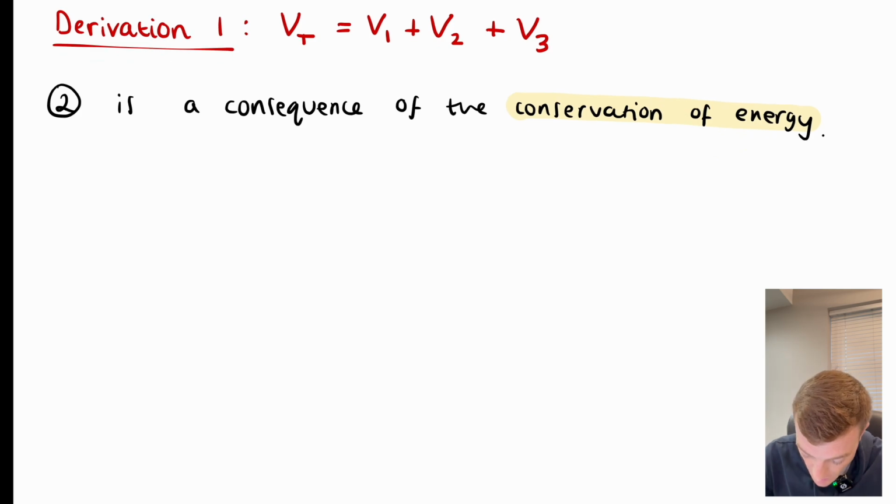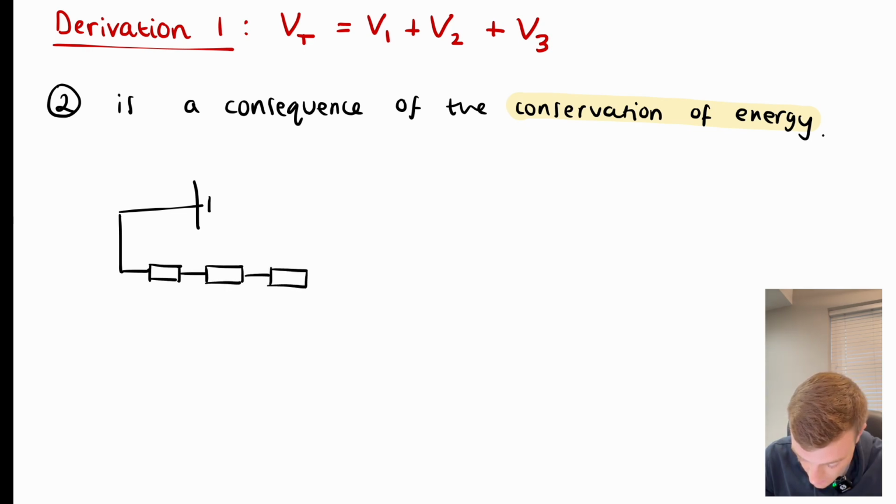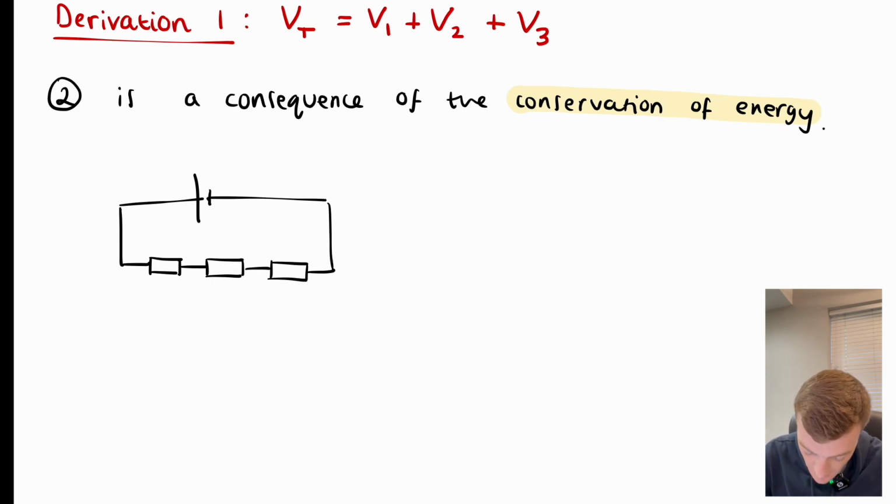So I'm going to draw a series circuit to help explain this. We're going to draw 3 resistors. The total potential difference supplied by the cell, we'll just call VT for now, V total. Then we have resistor 1, resistor 2, resistor 3, each with their own potential difference, V1, V2, V3.